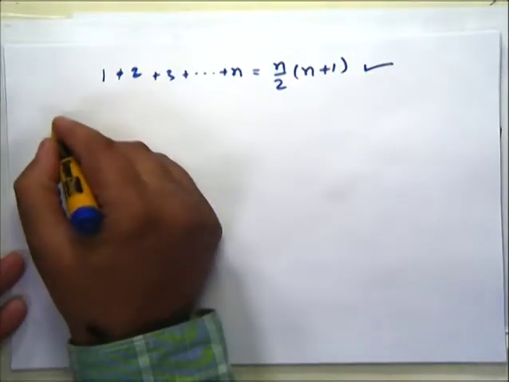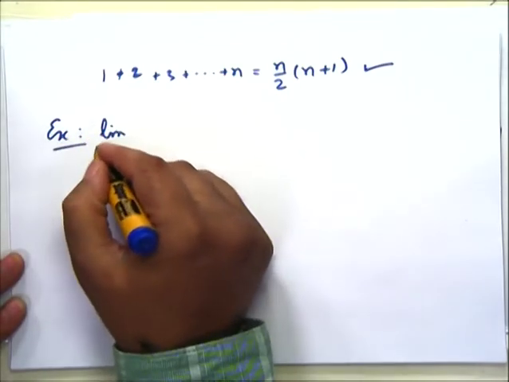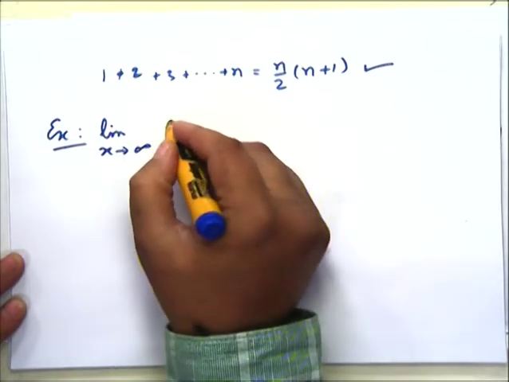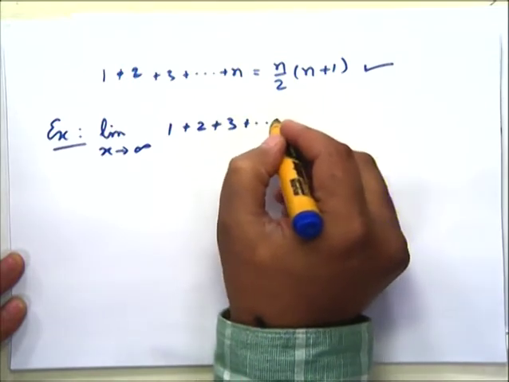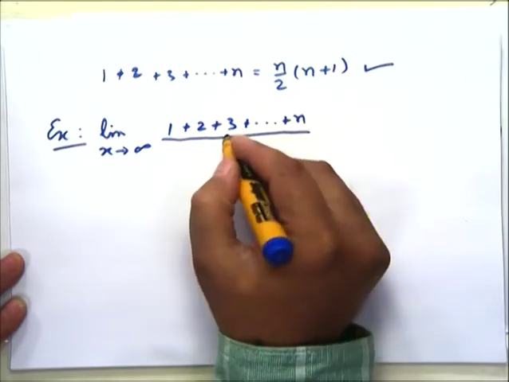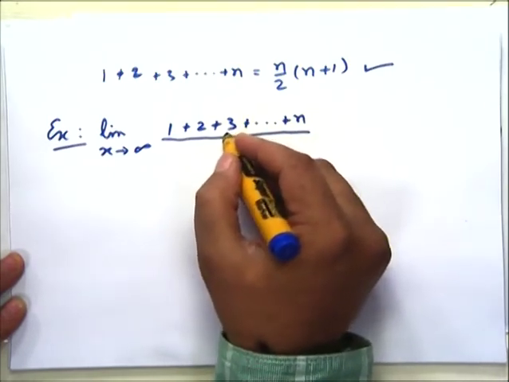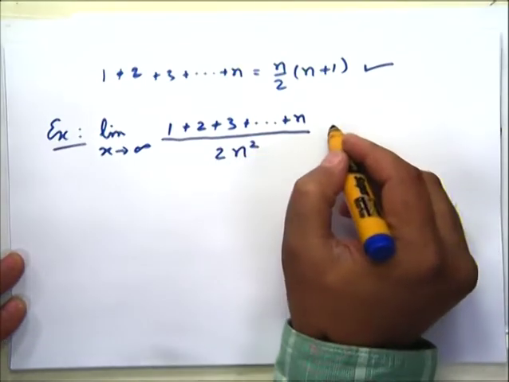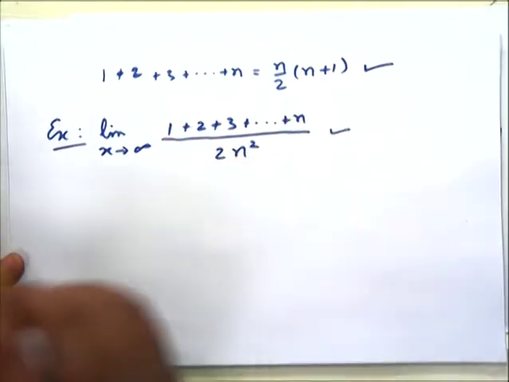Our example is this: limit n tends to infinity of 1 plus 2 plus 3 up to n upon twice n square. We have this kind of sequence in the numerator and 2n square in the denominator.